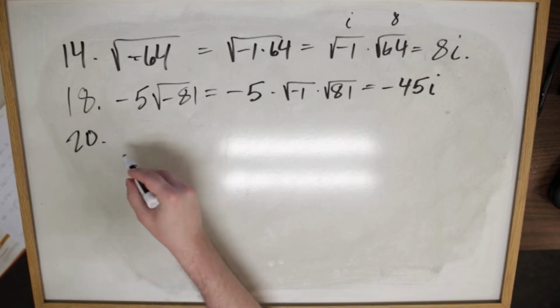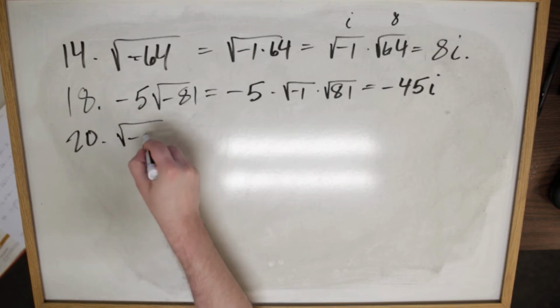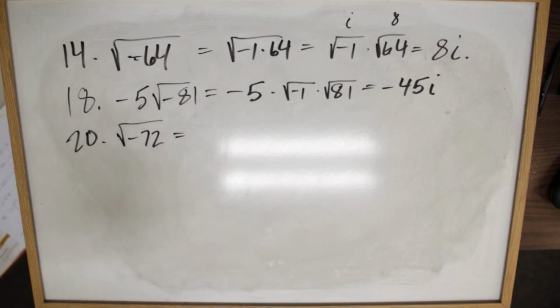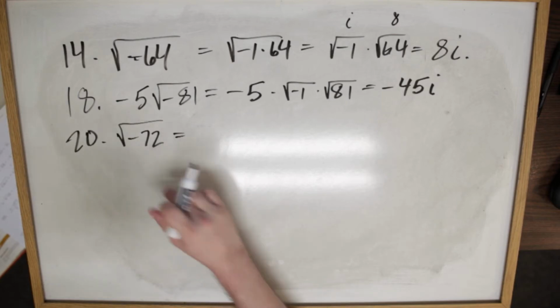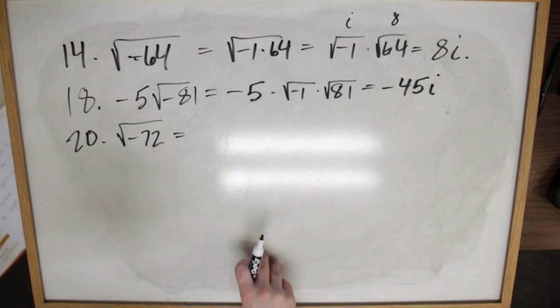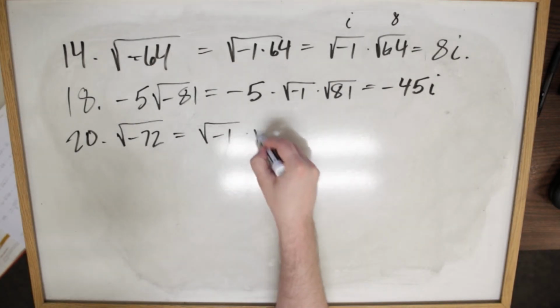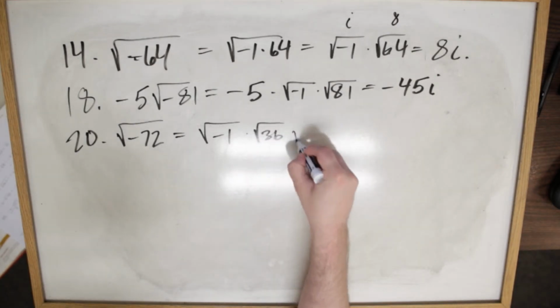Here, this is asking us to find the square root of negative 72. Now, if you remember your perfect squares, which I hope you do, you'll notice that this 72 is the same as 36 times 2, and 36 is a perfect square. So this is the same as the square root of minus 1 times the square root of 36 times the square root of 2.